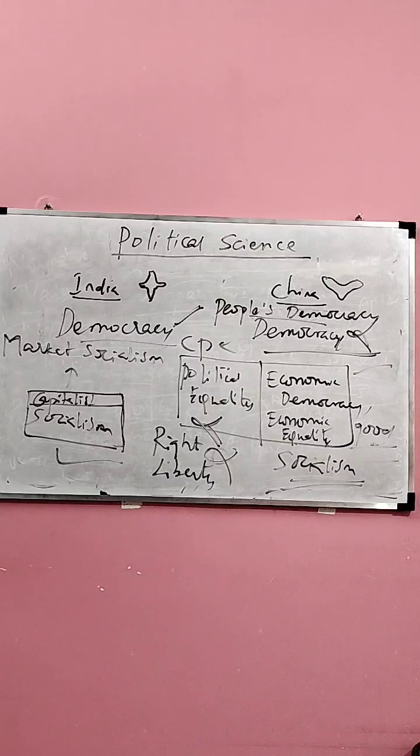Got it? Now, the modern approach has given us new answers. Using modern approach, we are able to study reality better. Earlier, we simply concluded that India was a real democracy and China, even though called people democracy through the constitution, is not a real democracy.